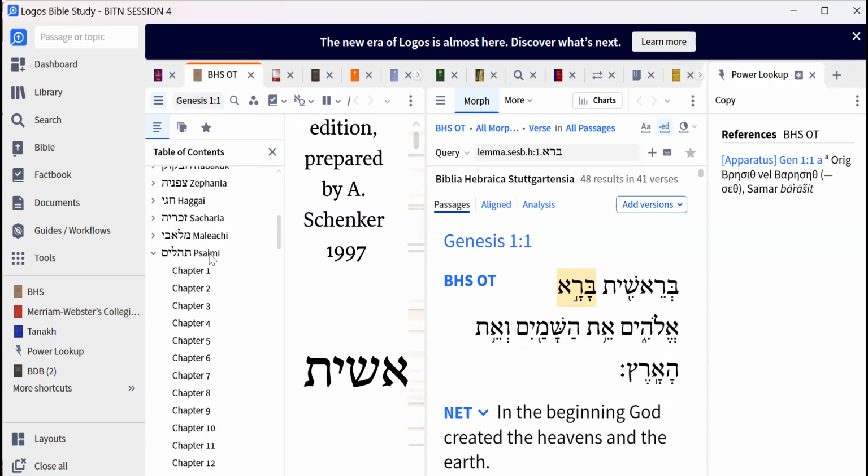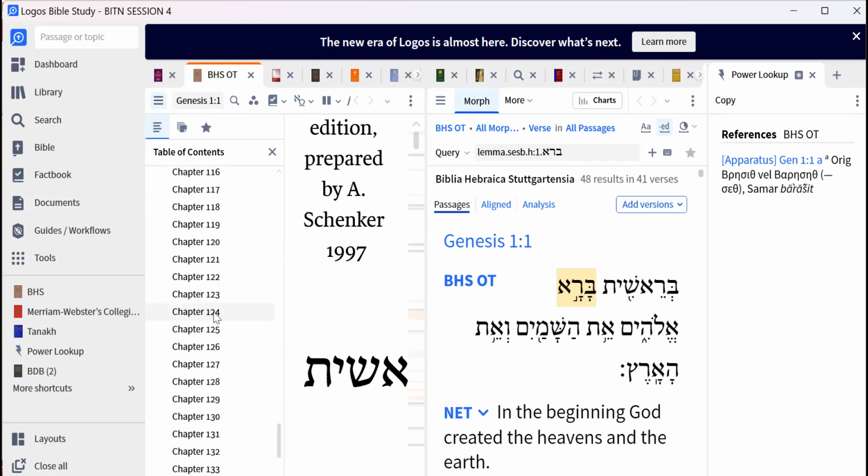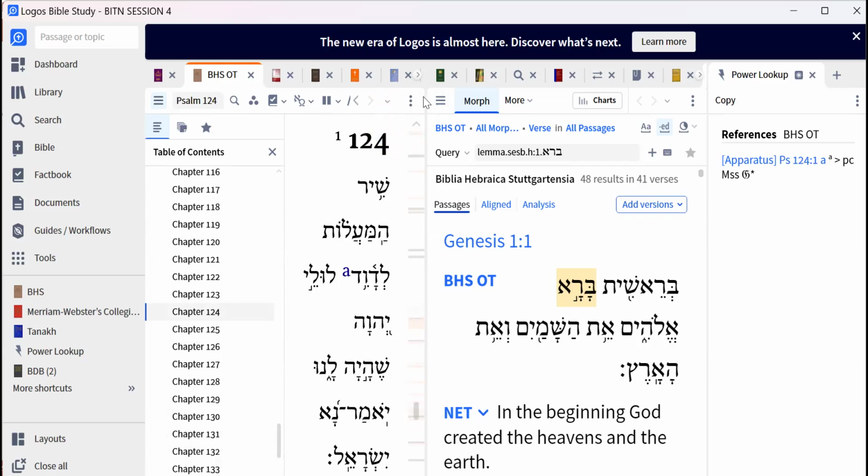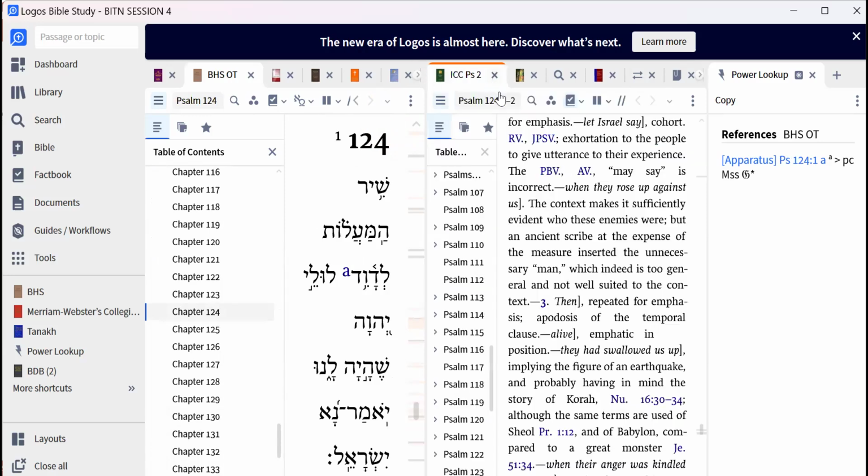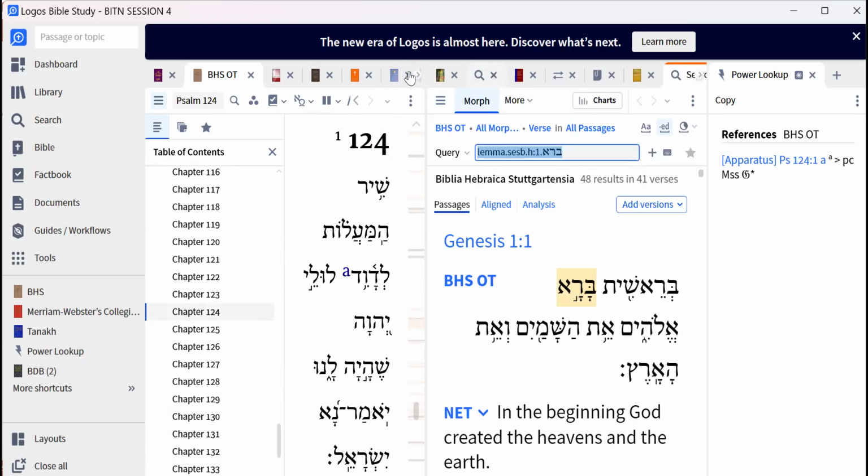Okay, so we're talking about Psalm 124, and where is that now? 124, 124. Okay, here we go. Let me close some of this stuff here.